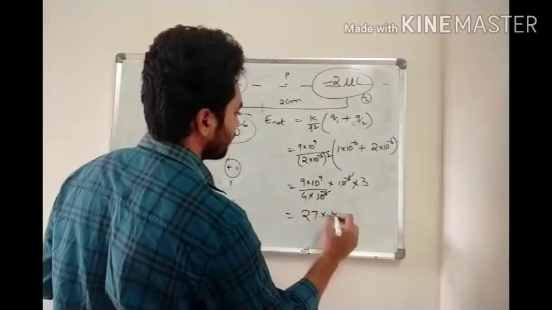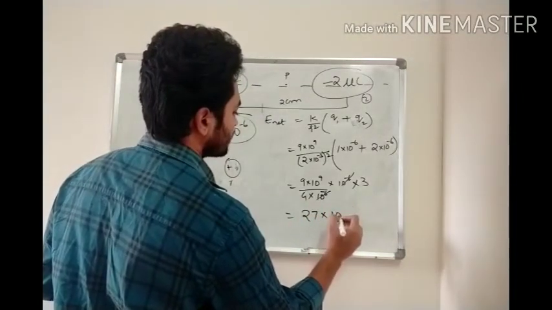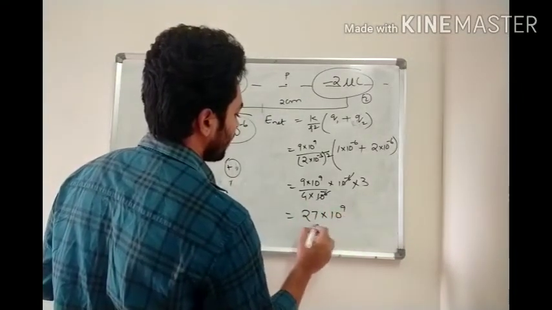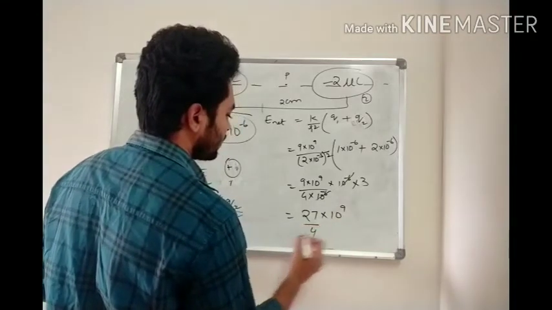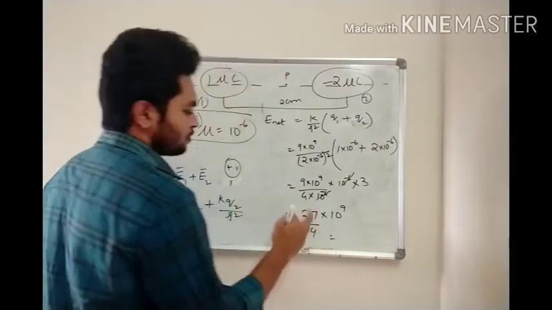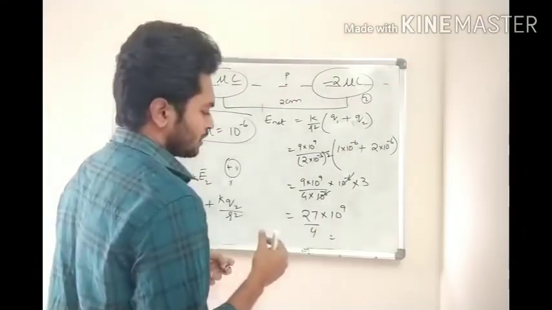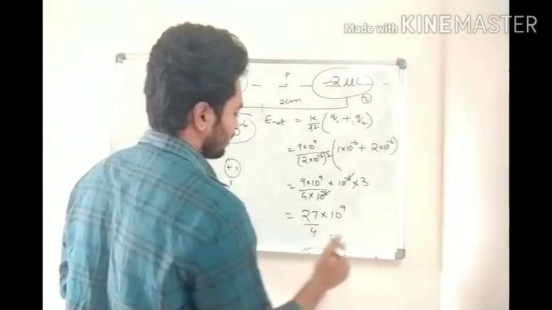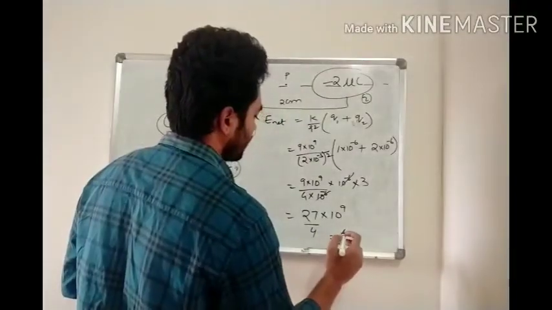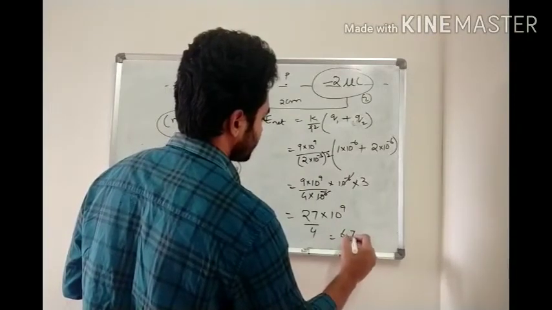27 into 10 power 9 by 4. If you solve it, how much are you going to get? 4 6s are 24, 3, 4 6s are 24, point, again 4 7s are 28.